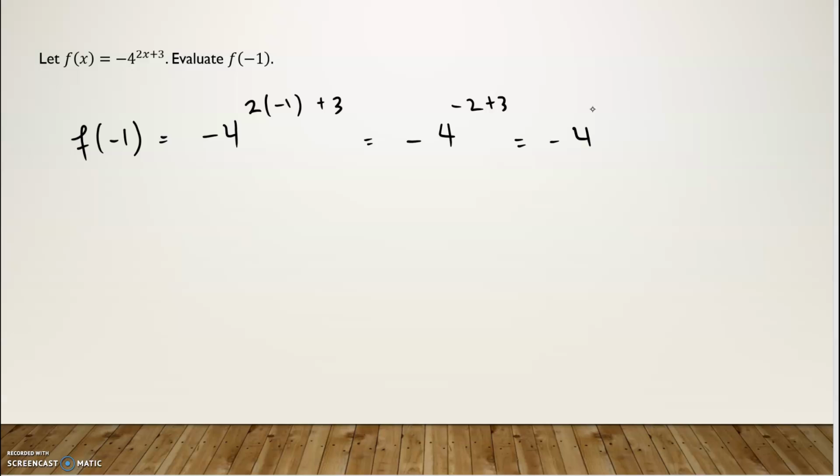So negative 4 raised to 1, so this is going to be negative 4. Now notice I have a negative outside of the 4, and that's okay as long as I don't have something like this, where, say, this is what they gave me instead.